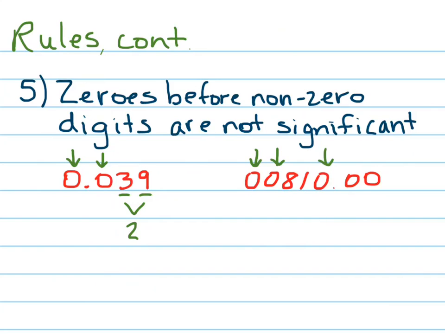The decimal point lets me know that I did measure all the way out to that spot, so that zero is significant. These two zeros are also after non-zero digits. They're after the 8 and the 1 as well, and they're after a decimal point, so I know they are also significant. So all 5 of those numbers at the end are significant figures.